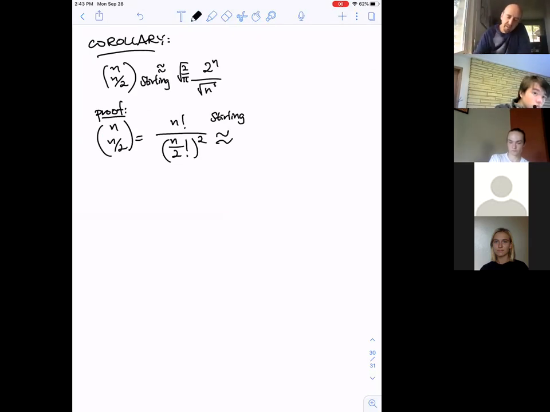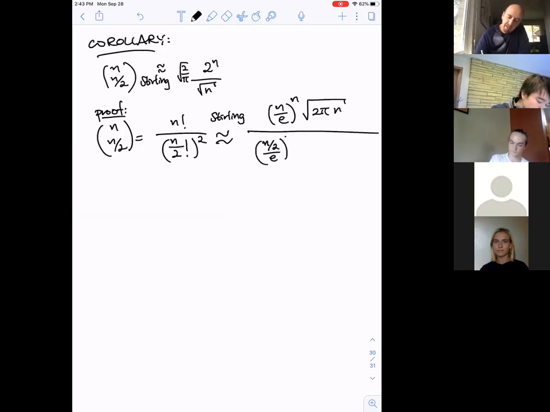For the numerator, it's n over e raised to the n times the square root of 2 pi n. That's Stirling for the numerator, n factorial. And for the denominator, I replace n by n over 2 when I'm doing my factorials. So it's n over 2 divided by e, raised to the n over 2, and it's the square root of 2 pi n over 2 under the square root sign. And then that whole thing was squared.